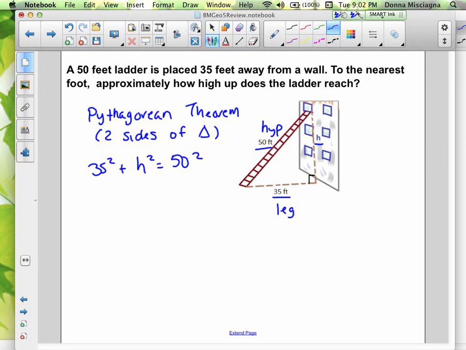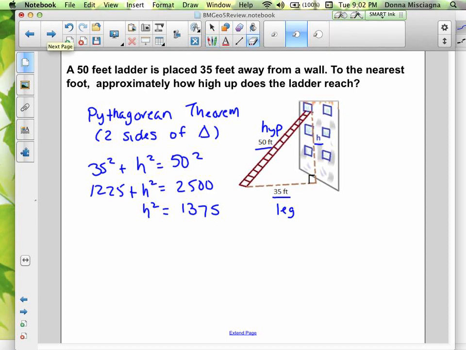So that's 1,225. So 1,225 plus h squared equals 2,500. Subtract the 1,225 from both sides. So we have h squared is 12, oh my gosh, I must be tired today. Can't even subtract.